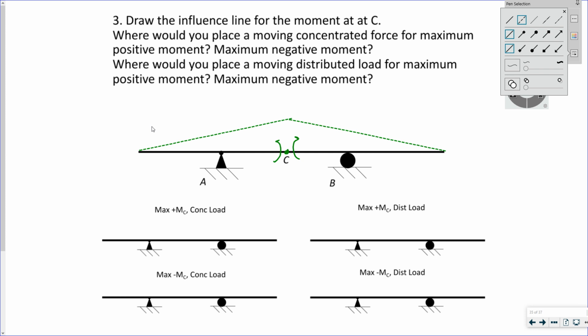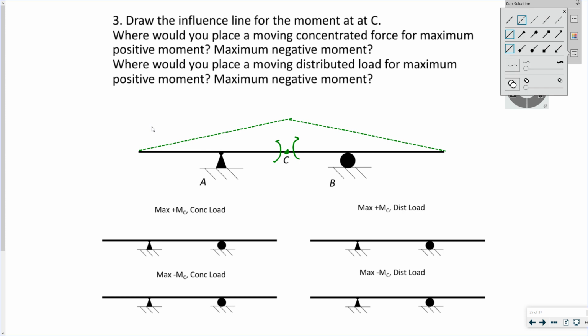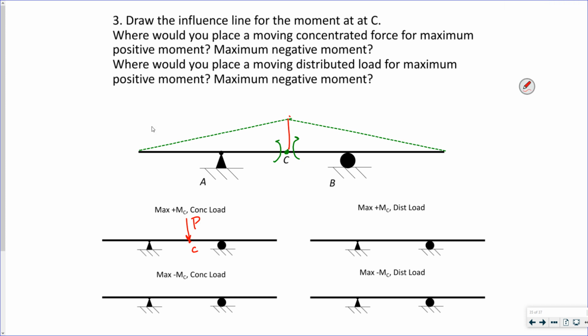Where would I place a moving concentrated load for maximum positive moment? Well, maximum right there, right? Oh wait, I just did this wrong. Somebody say, hey, you did this wrong. I did it wrong.